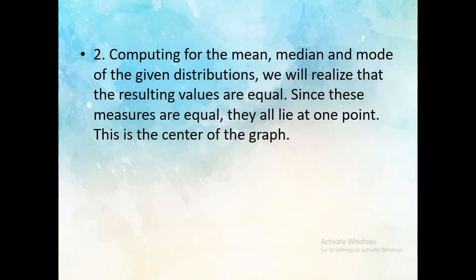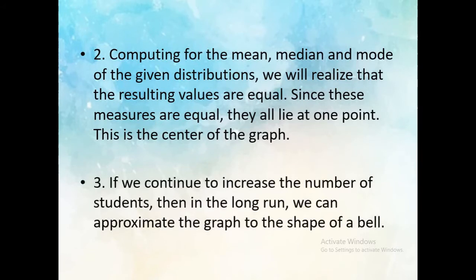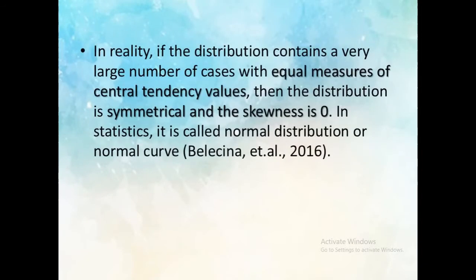Number 3 answer. If we continue to increase the number of students, then in the long run, we can approximate the graph to the shape of a bell. In reality, if the distribution contains a very large number of cases with equal measures of central tendency, then the distribution is symmetrical and the skewness is zero.